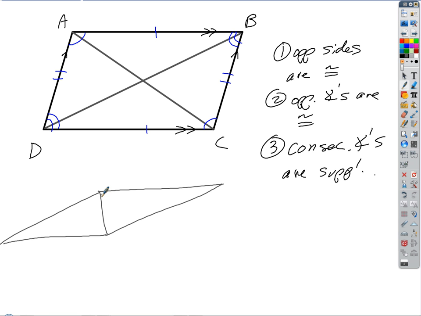In other words, the diagonals bisect each other. So this point right here is the midpoint of both diagonals, so this would have to be true, and that would have to be true. Make sense?